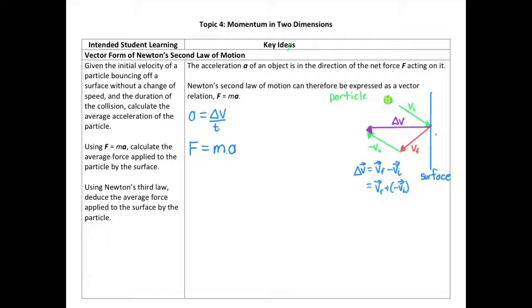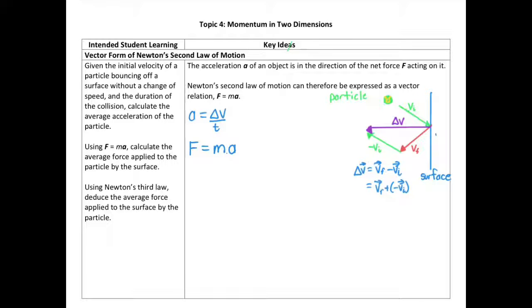So the wall exerts a force onto the ball, which is in a sense what we're working out here. And Newton's third law tells us for every action force there's an equal and opposite reaction force, so that the force that the wall applies on the ball will apply an equal force in the opposite direction on the wall.